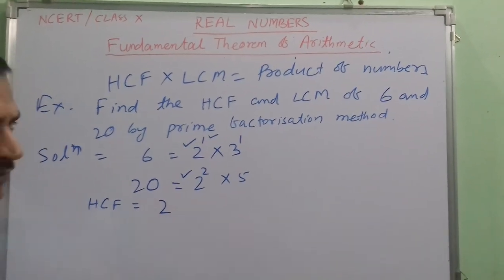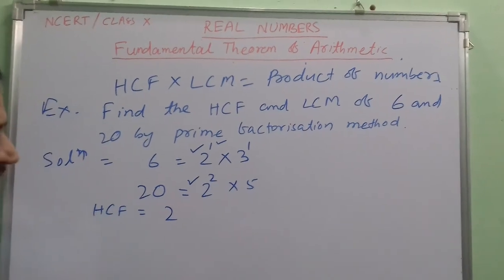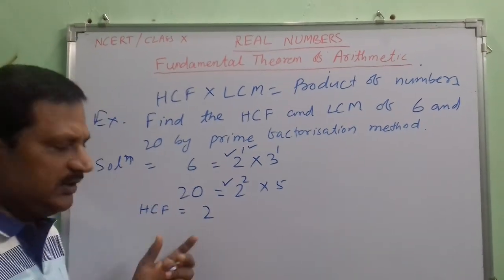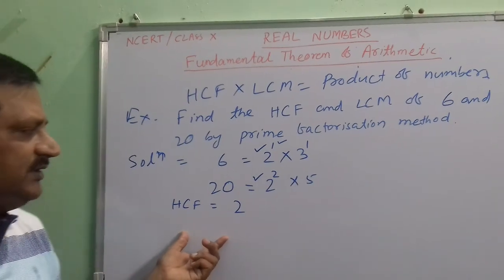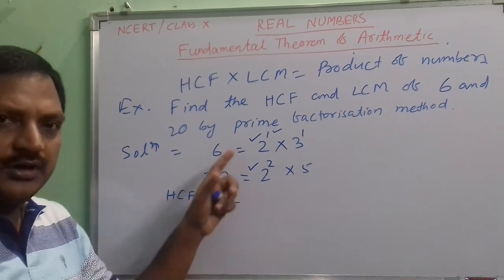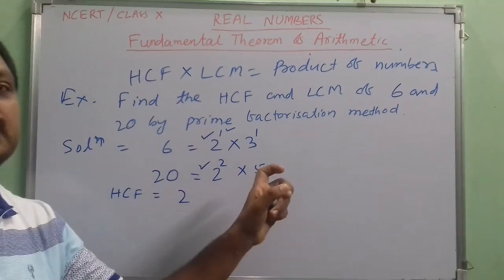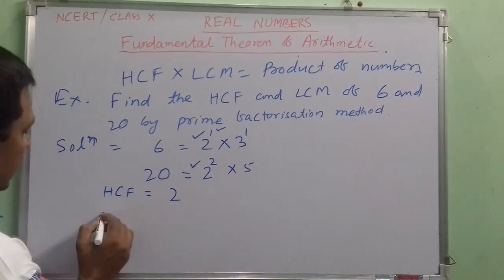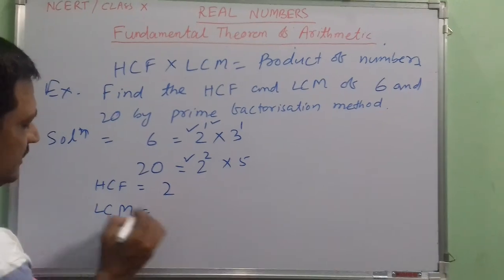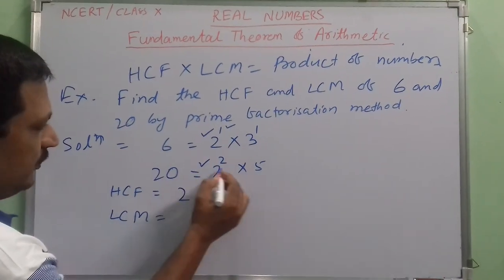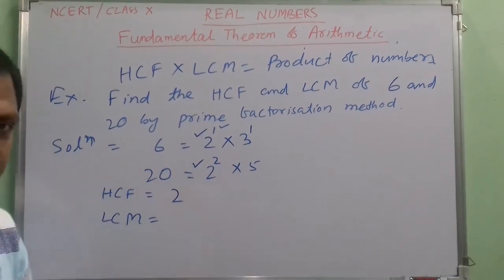So we have taken the exponent for HCF as 1. That means we can also say that HCF is the product of the common factors with the smallest exponent. And LCM means here we have to take the highest exponents.